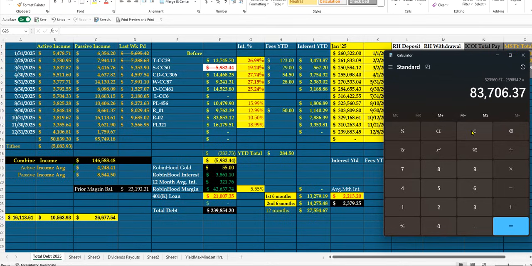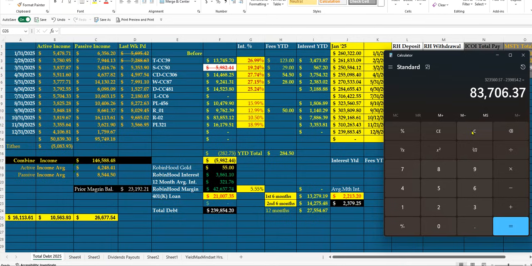So we're down $83,706.37. Most of that you can attribute to selling back the positions, giving it back to Robinhood, as we got margin call. So we no longer owe that $83,706.37. That has been given back to Robinhood.